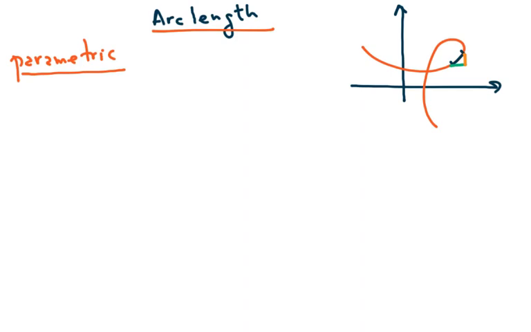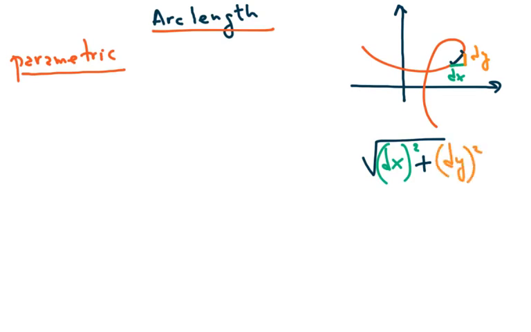But we know that the length of the hypotenuse by Pythagoras is equal to the square root of this side squared, that we are going to call dx, this little variation of the x, plus the other side squared. This is the little variation of the y, so I'm going to write this as dy squared. So this is the length then of this hypotenuse here, of this little piece of the curve.